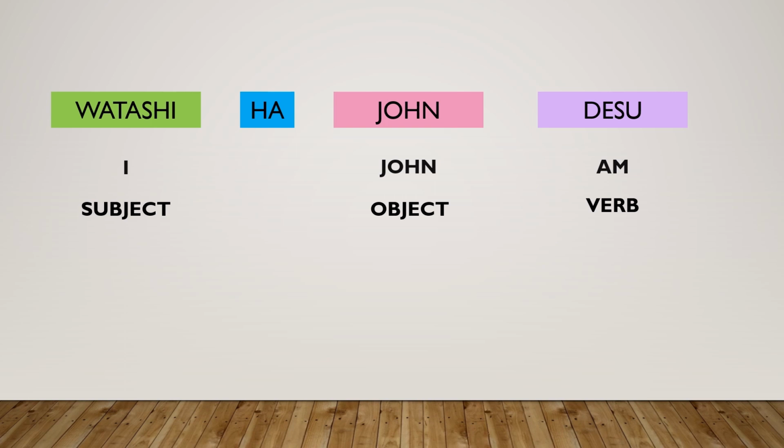As I mentioned earlier, Japanese sentence structure is similar to that of our Indian languages. Watashi, which is the subject, in Hindi is nothing but main. John is John. And desu, which is the verb, is hoon in Hindi.